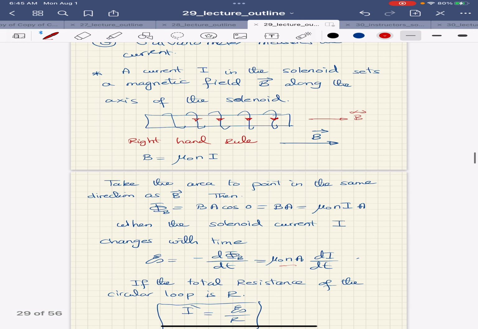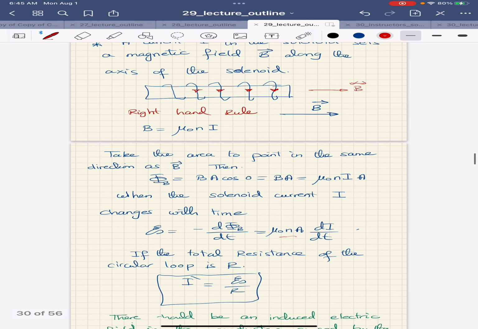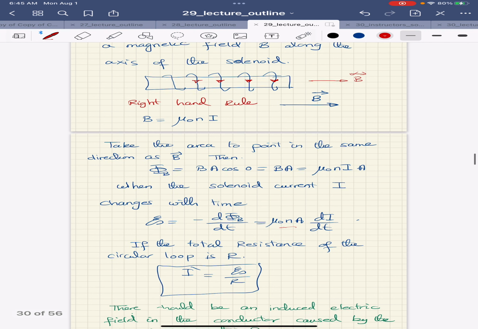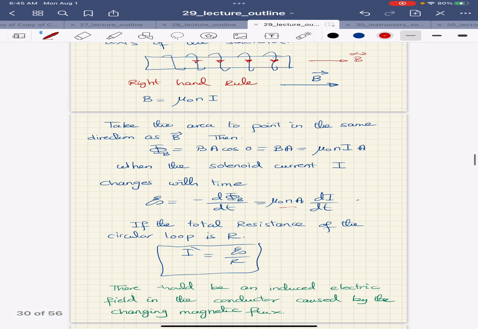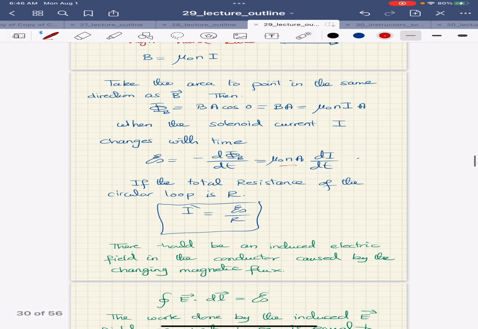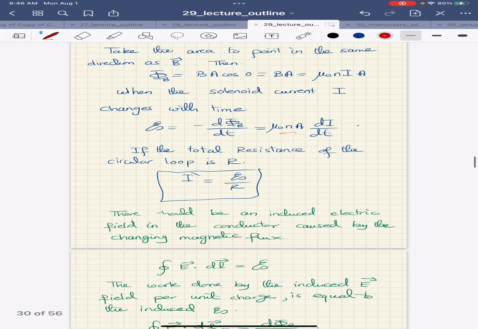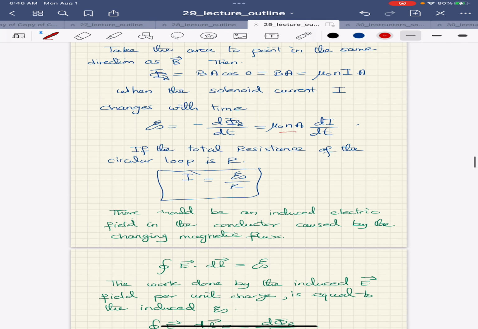If the total resistance of the circular loop is R, then there is an induced current equal to the EMF divided by R, and there should be an induced electric field in the conductor caused by the changing magnetic flux.